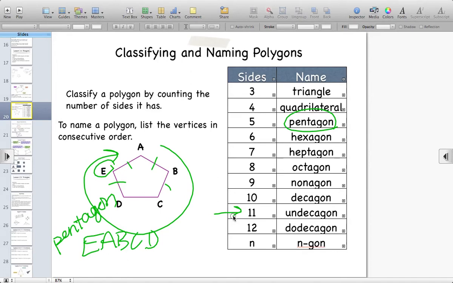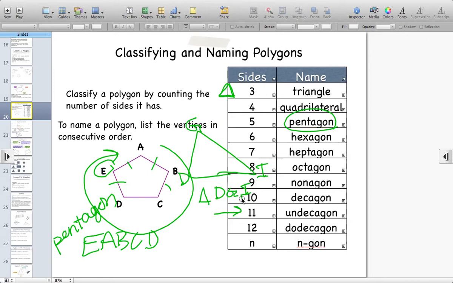Triangle is the only one that when we name it, we use a special symbol. I put a triangle in front of it, so if I had D, G, I, I would say that this is triangle D, G, I. So for the 3-sided figure, we put a symbol for it, but from that point on, we don't have to worry about it.